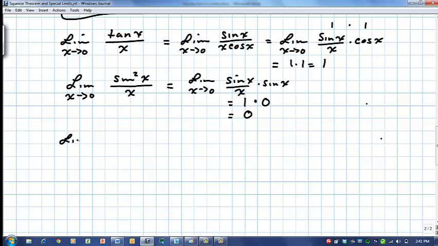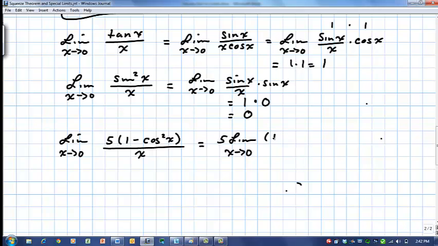Let's look at the limit as x approaches 0 of 5 times 1 minus cosine squared x over x. All right, so we have a rule for 1 minus cosine x over x, but not 1 minus cosine squared x. First of all, the 5 can come out because constants come out of the limit.